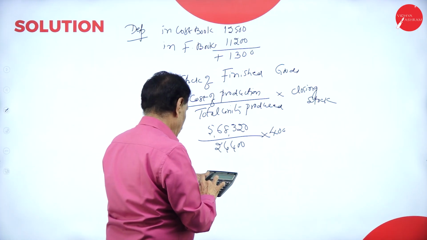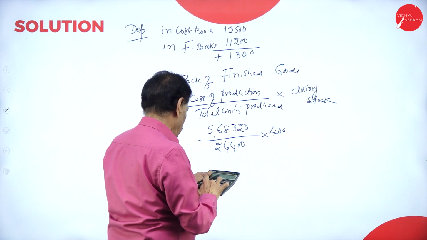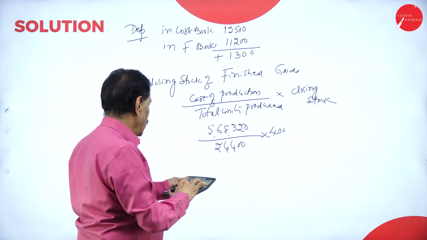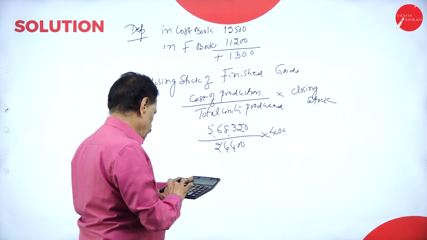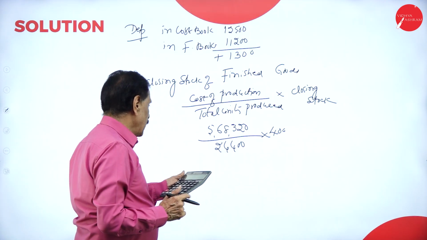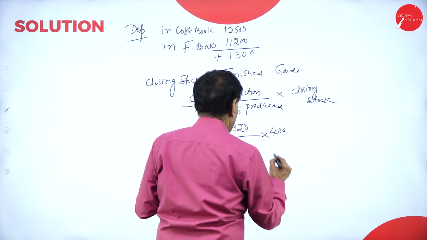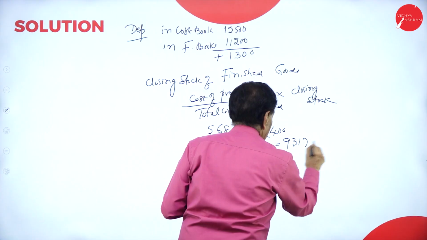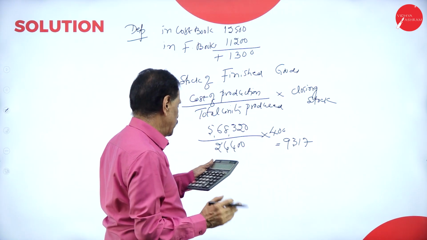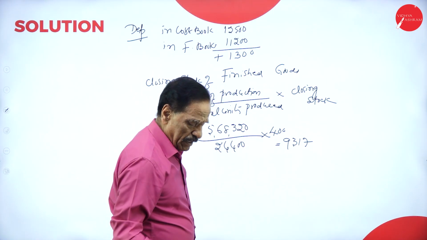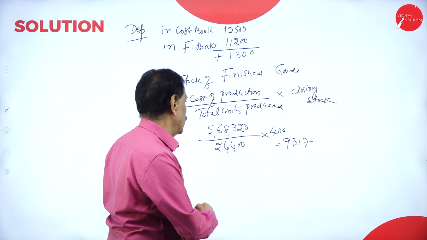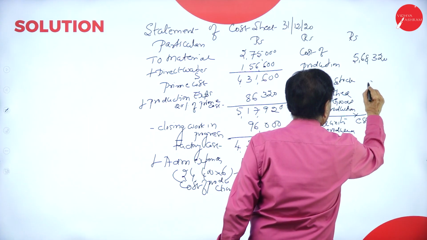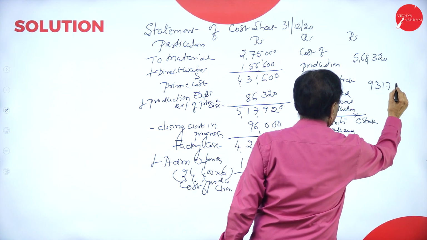Apply now. 5,68,320 into 400 divided by 24,400, which is 9,317. They should be applied there.